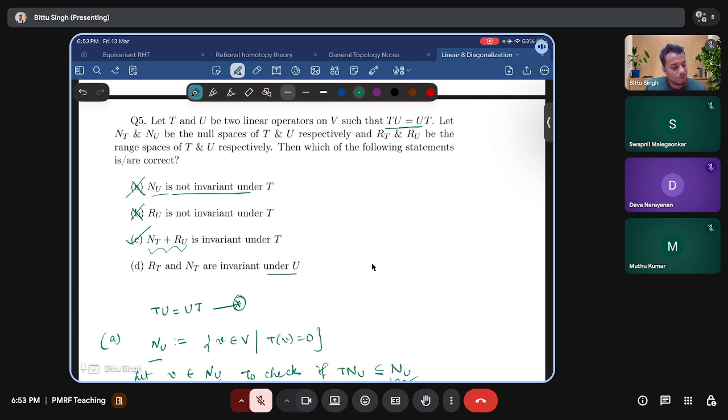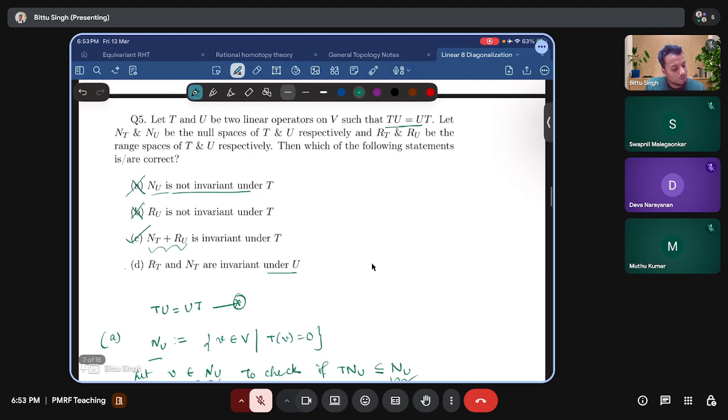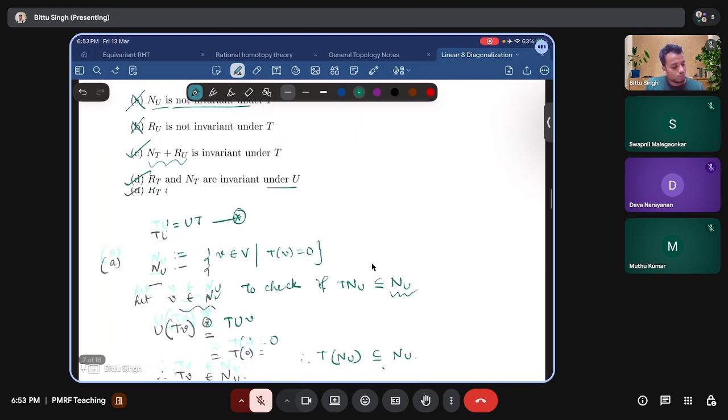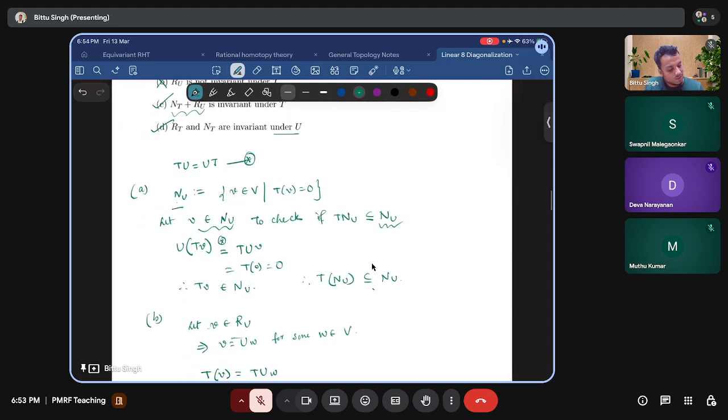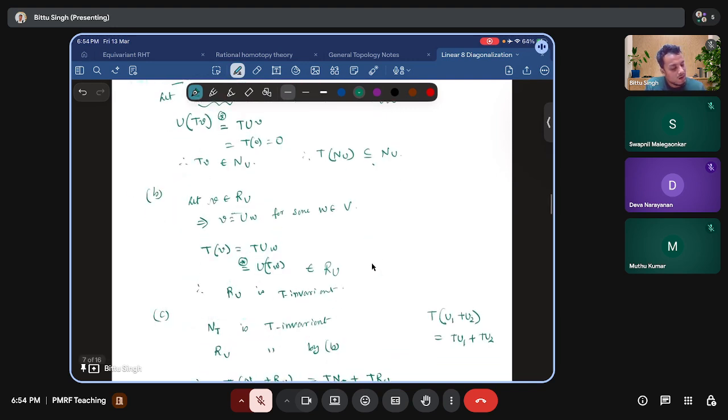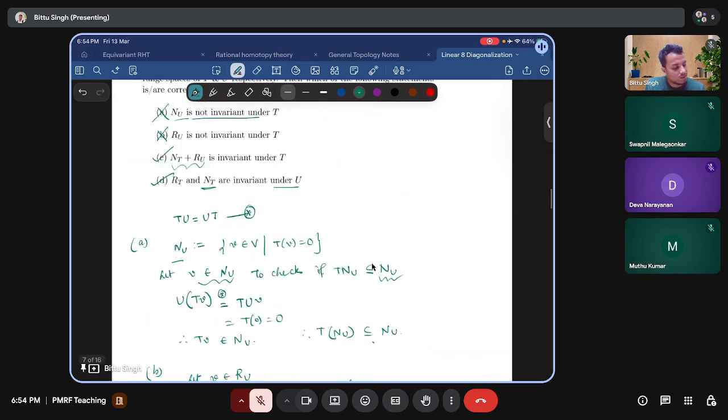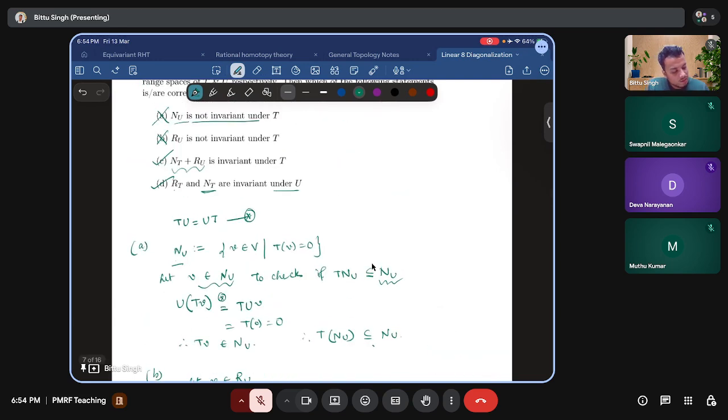Changing the role of U and T will give me the answer D, because we have already seen that in option A, NU is T invariant. So by the same process, NT will be U invariant. And here we have seen RU is T invariant. By the same method, we get RT is U invariant.